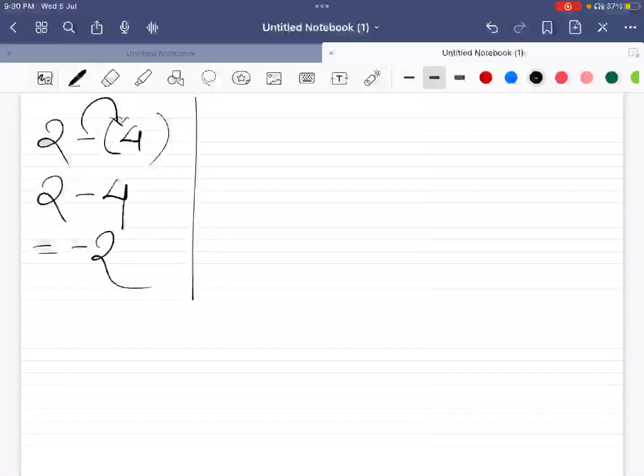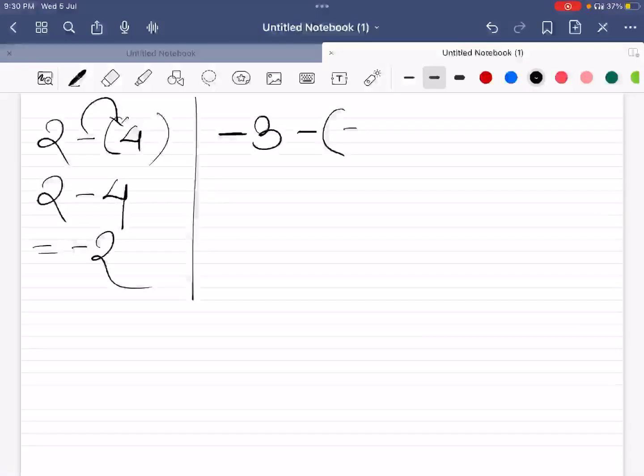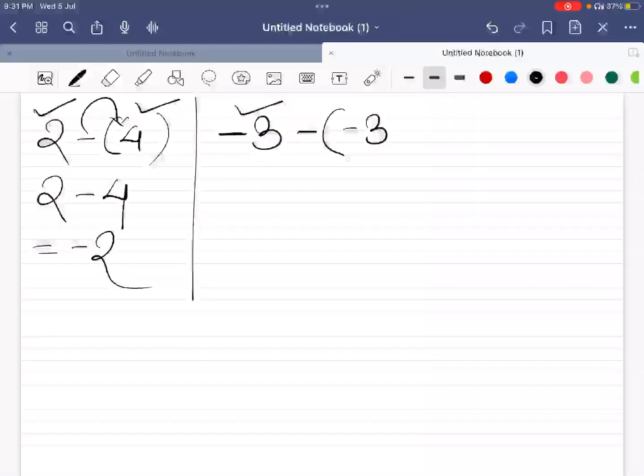Clear? Next condition, if minus 3 is there, we are subtracting with a minus number. So initially we talked about first positive, second also positive. Now we are talking about first also negative and second also negative, and we have to subtract this.